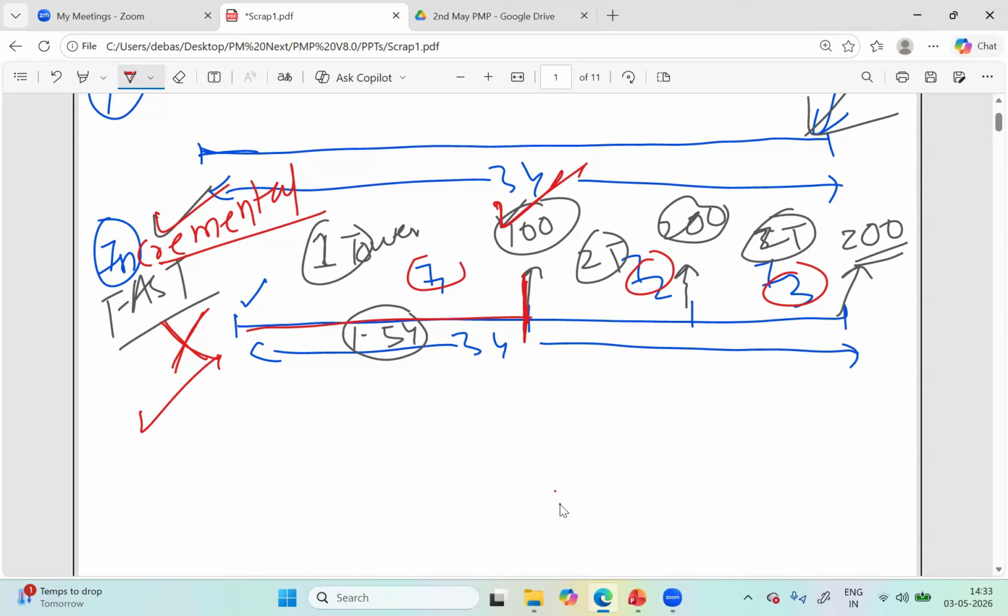So the amount of change is very minimal in incremental. We fairly agree to the requirements upfront, but a little bit of evolution could happen. A change in approach is fine, but not much change would happen. So we are less open to feedback.